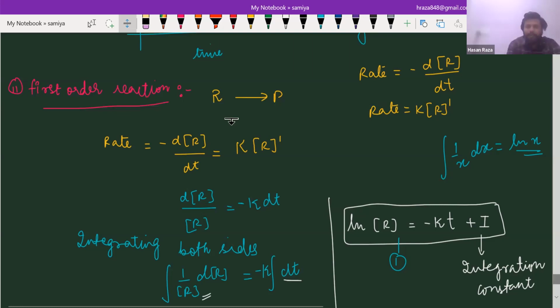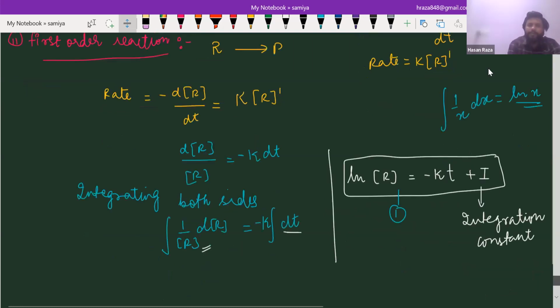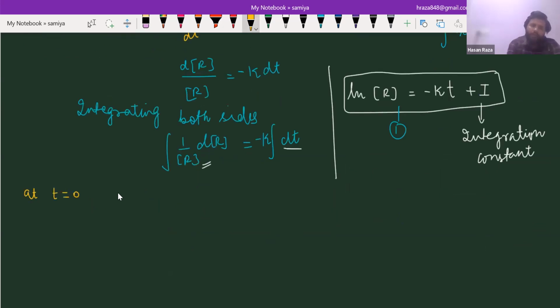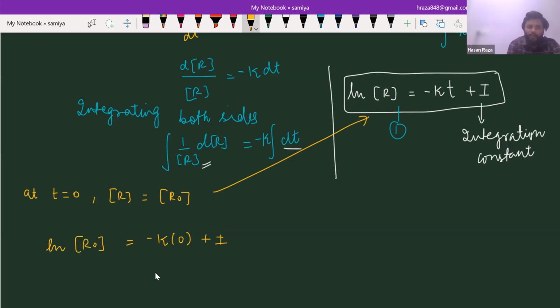Now see, again the same process. At t equals 0, the concentration of reactant is R naught. So I am going to apply this in this formula. If I put the value of t as 0, then R will change to R naught. Now you can see the value of I will be ln R naught.